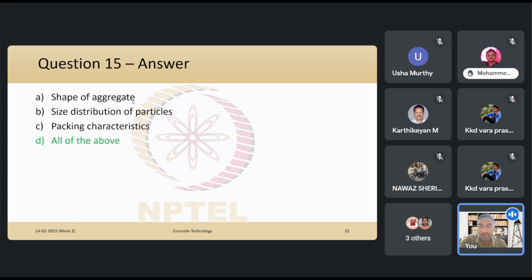So if we have a varied distribution of sizes, the voids created by one size of particles can be filled by another size. So it also affects the void content of the aggregates, and the packing characteristic also. If the packing density is higher, your void content is going to go lower. So the packing characteristic will also affect your void content. So the right option is all of the above.